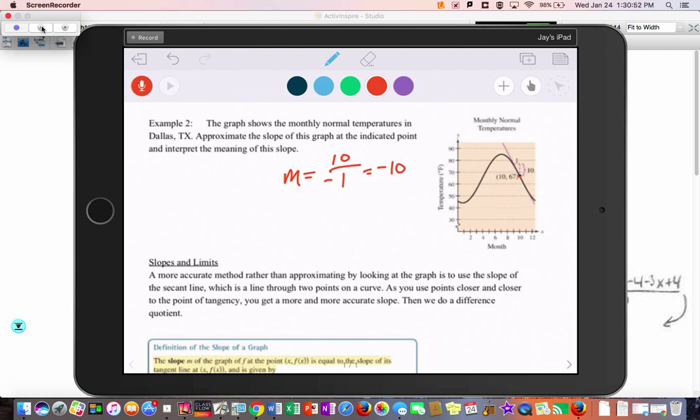And what does this tell us about the slope? According to this graph, in October, there's about a 10-degree loss per month, or the temperatures are decreasing 10 degrees per month is how you would say that. Because degrees is on top, the X or the months are on the bottom.